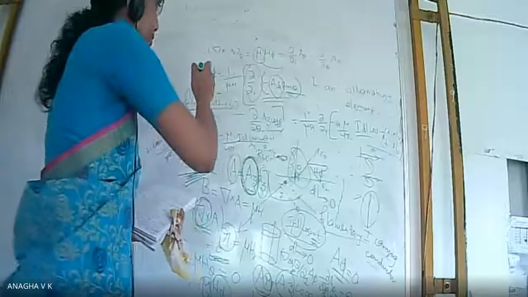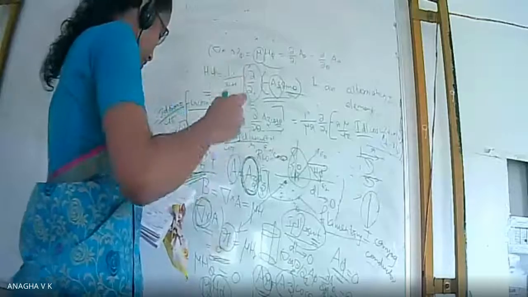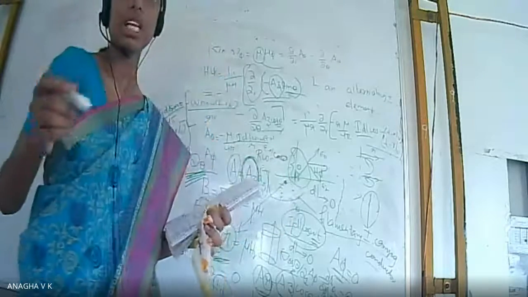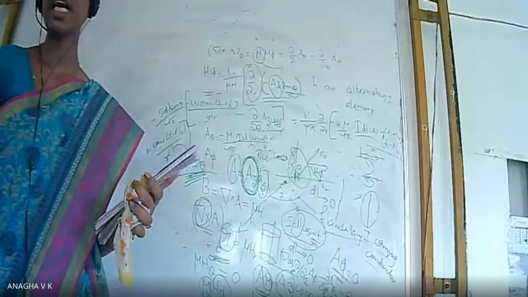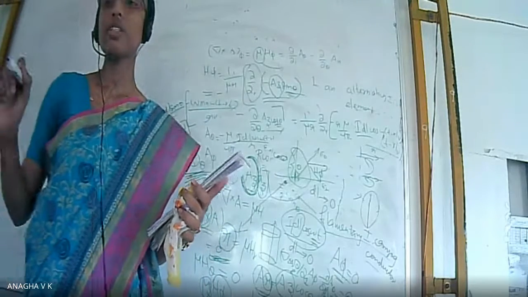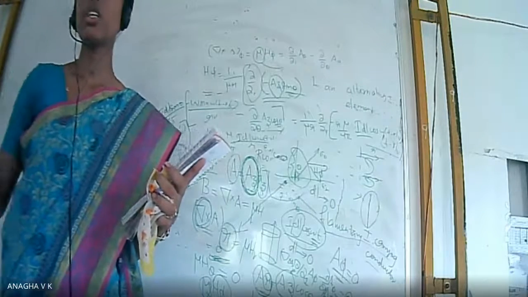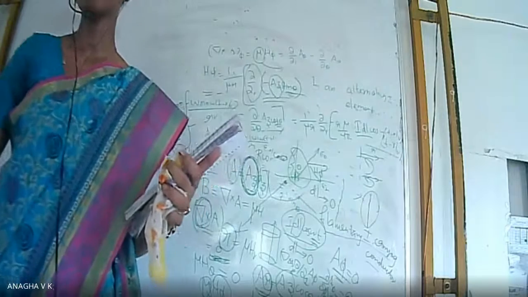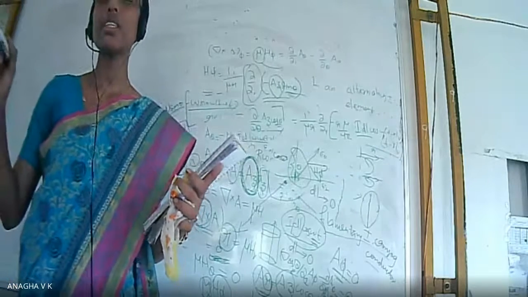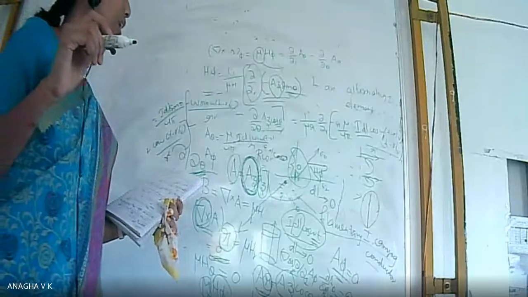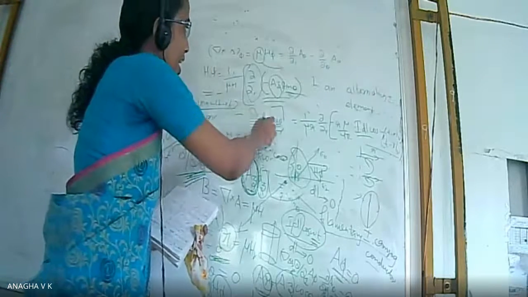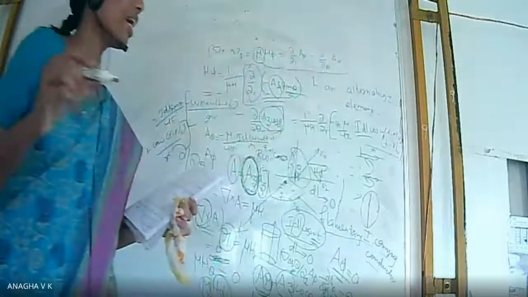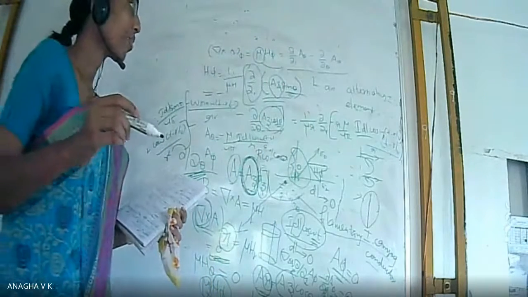Now you consider the equation of H_phi. H_phi is nothing but del cross A phi component, that means 1 by R [dou by dou R of R A_theta minus dou by dou theta of A_R].